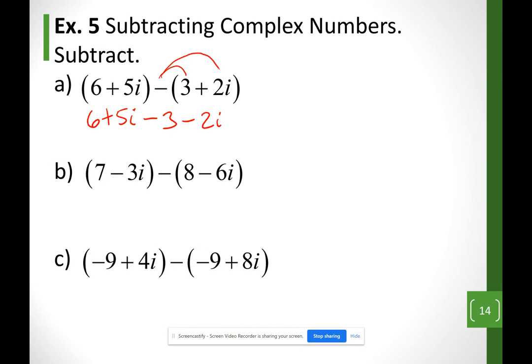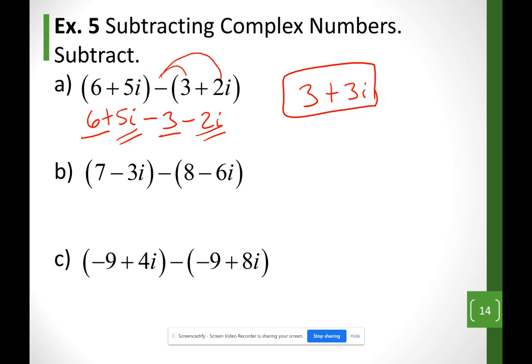Notice I distribute the negative sign. Okay, so now let me just combine like terms. I look at the real part, those that don't have an i, so 6 minus 3, I'm going to call that 3. Now when I see the imaginary part, 5 minus 2, I'm going to call that plus 3i.